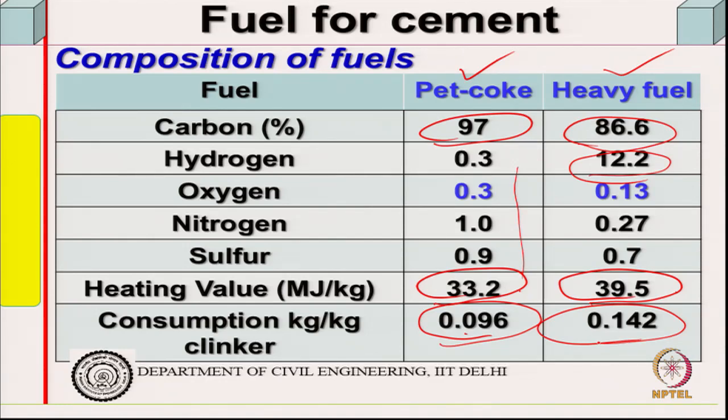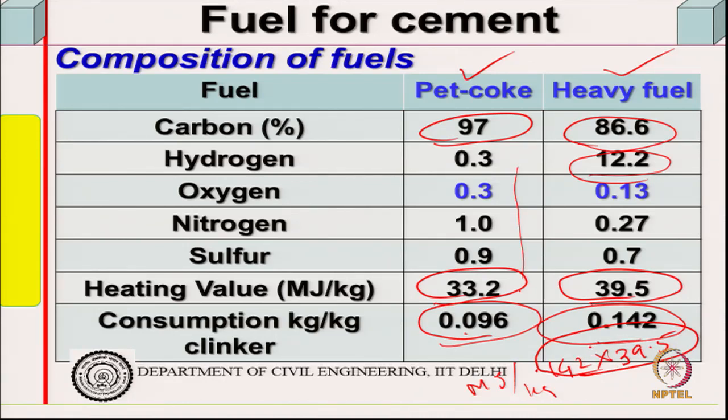So, if I look at it, I can actually calculate, because it will be 0.142 multiplied by 39.5, because this is the amount of fuel consumed per kg of cement, and this is the calorific value. So, this is the megajoules used up per kg of cement, right.